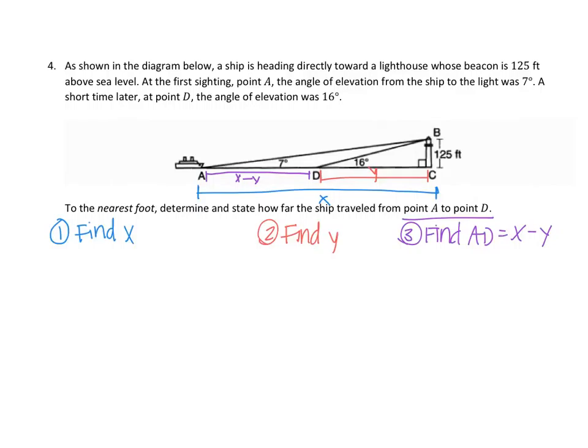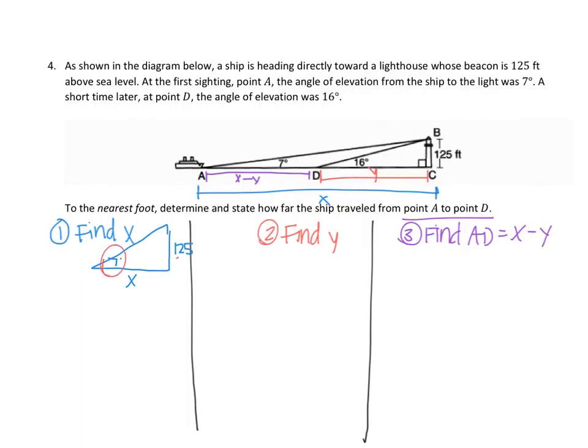So maybe you want to split your paper up just as I did, so that way you're not wasting space. Alright, so find x. Well, I'm just going to kind of try to resketch this quickly. We have x as our base, 125 as our height, and angle from point A is 7 degrees all the way up to point B.